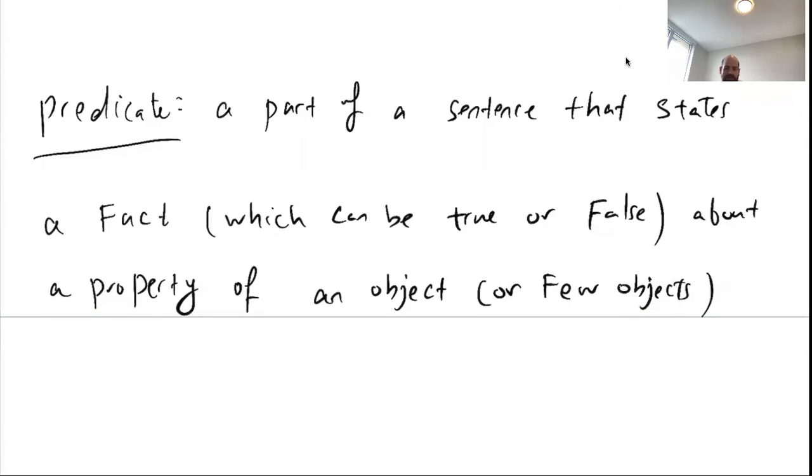So a part of a sentence states a fact about the property or properties of an object or objects, or a person or some people. Now that property or that part of the sentence is either true or false, depending on the type of object, the type of person, or the type of number, depending on the context.